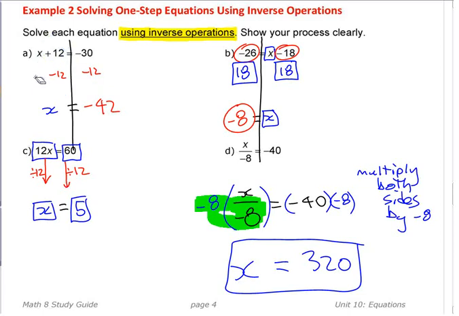If your equation has x and then it has 12 added, you can subtract 12 from both sides because these two things cancel out. And you're just going to have an x. Okay? When it says using inverse operations, that's what you're going to do.